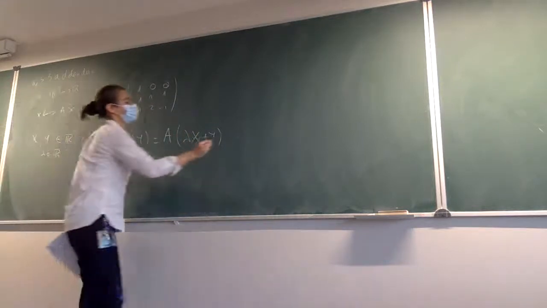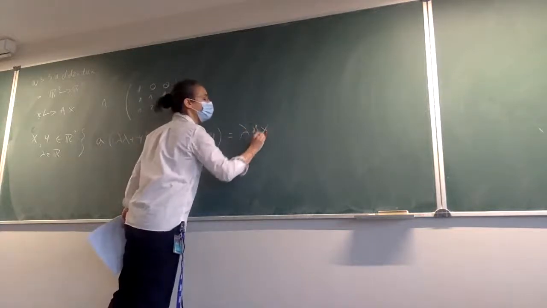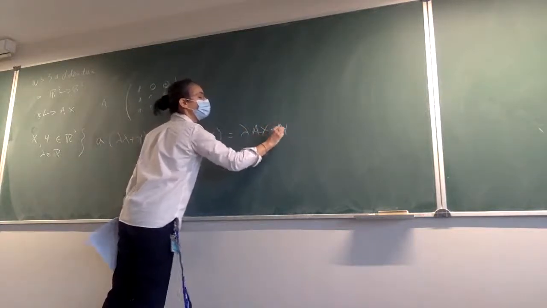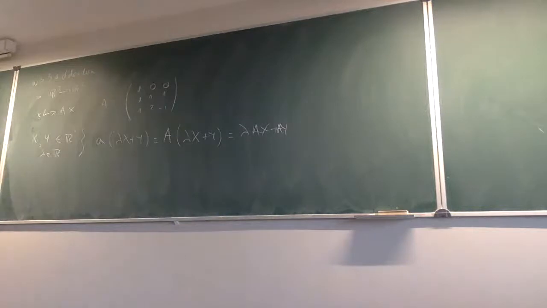And of course, the linearity property is satisfied because this is the linearity property of the matrix vector multiplication.